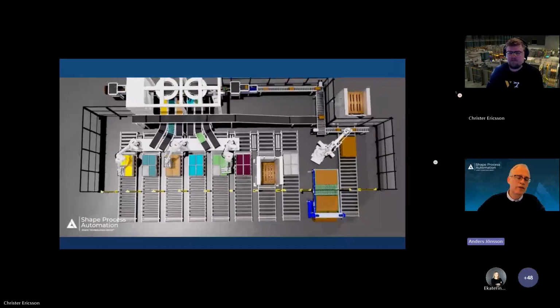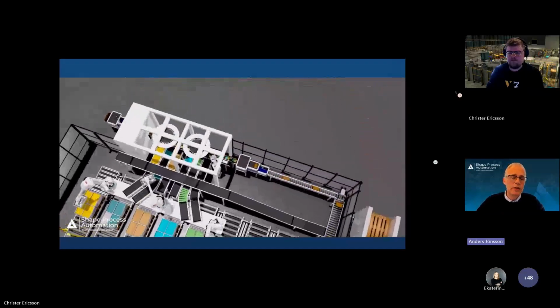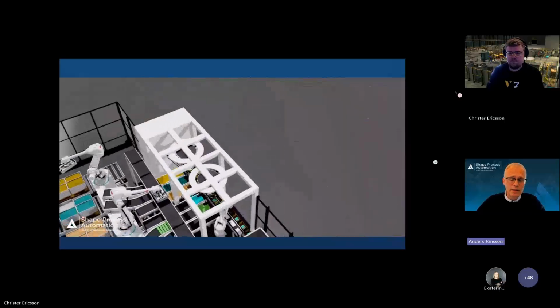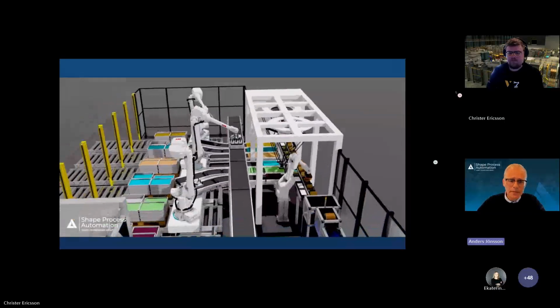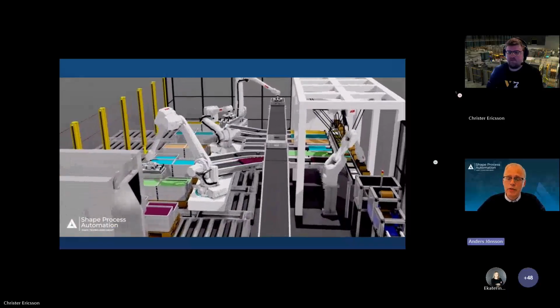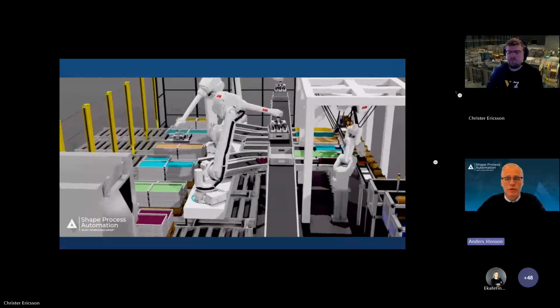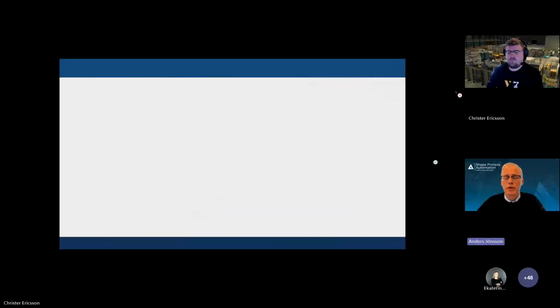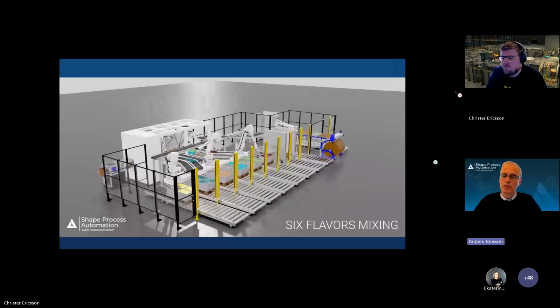So we can handle all the input conveyors, depalletizing, handling the empty boxes. The pickers, we work a lot with pickers, so we know how to do that. And then also going into the package and output and palletizing as well.